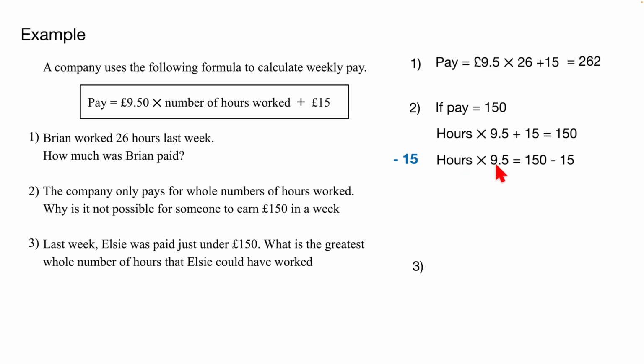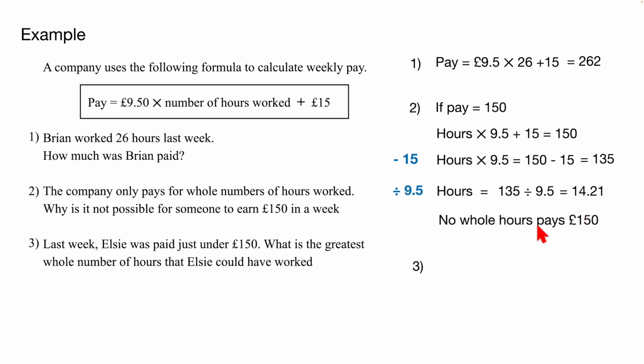Hours worked times 9.5 is 150 minus 15, 135. Now we divide by 9.5 to work out how many hours someone would have to work to get 150. Hours equals 135 divided by 9.5, 14.21. They're only paying for whole hours, therefore there are no whole hours that pays £150.